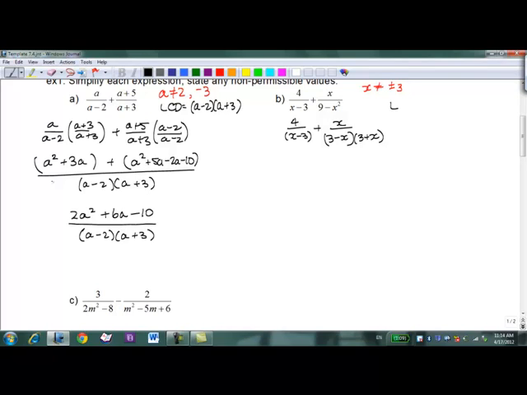So I think the lowest common denominator here is going to be x plus 3 and x minus 3. The way I'm going to achieve that is, let me go for x minus 3 here. Certainly I have to multiply this by x plus 3 over x plus 3.